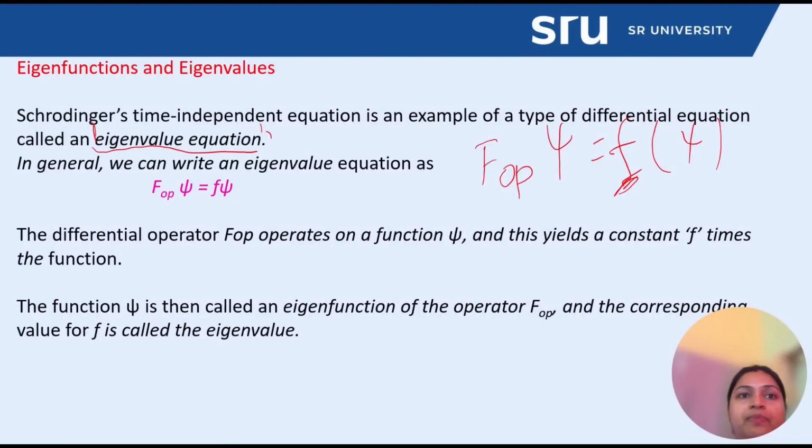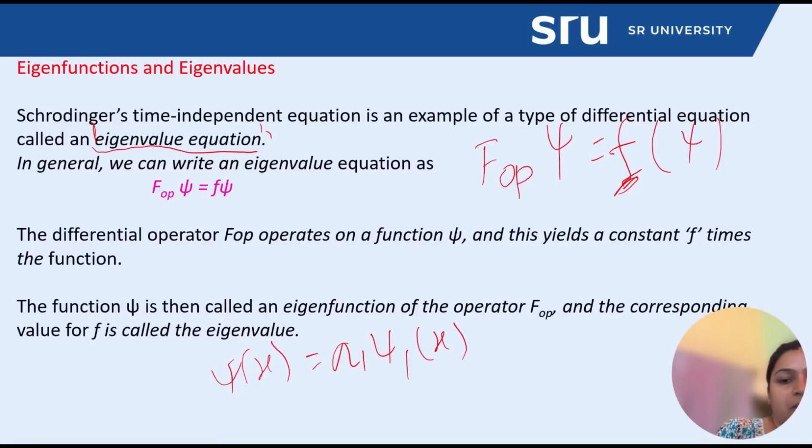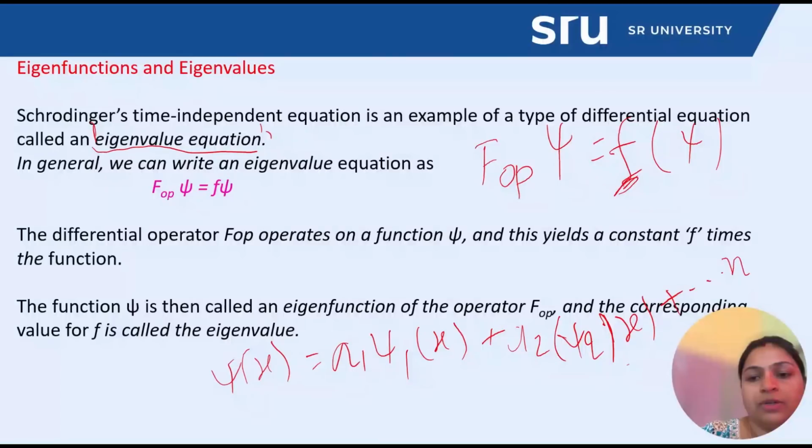If we have a combination of a number of functions psi1(x), psi2(x) up to psi n(x), then the solution psi(x) can be written as a1 psi1(x) plus a2 psi2(x) plus up to an psi n(x).